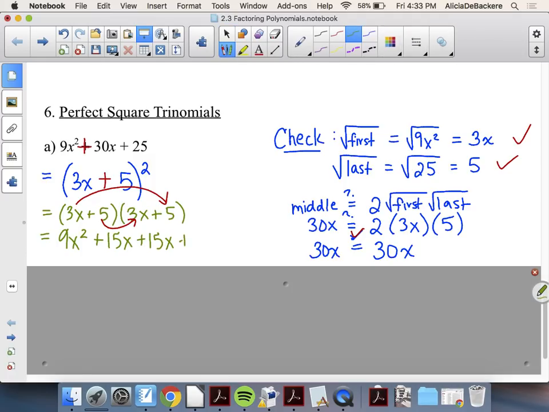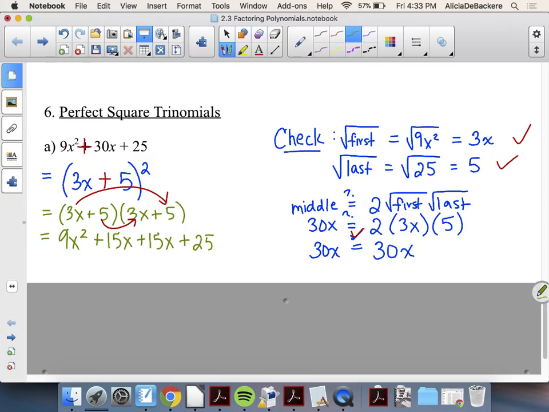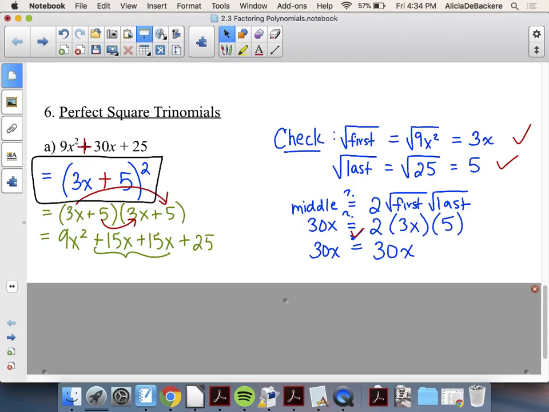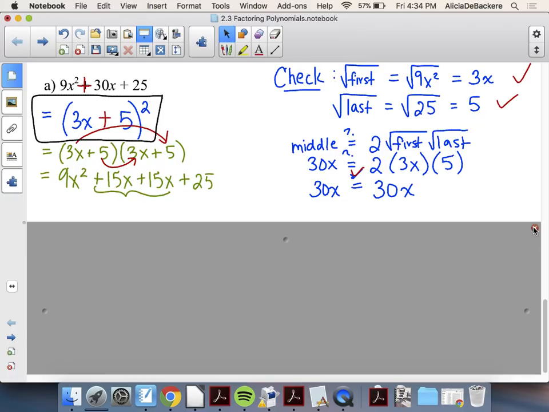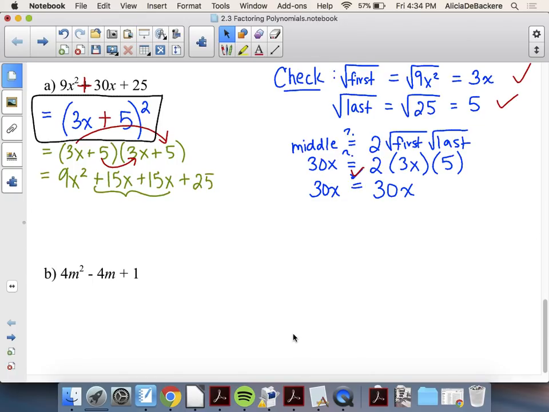And then, of course, when I multiply the last 2 terms, I get 25, 5 times 5. And I can see that these 2 middle terms, 15 plus 15, will give me back the 30x. So I'm happy. Again, your final answer would be just here, though. We're going to try one more example of that. Handy little trick if you happen to notice it, but again, you don't have to use this trick.